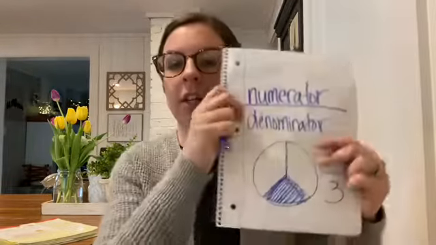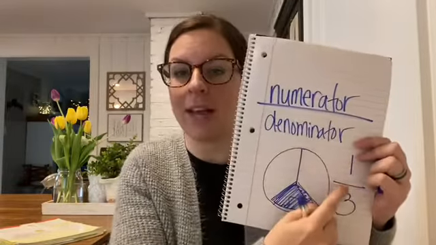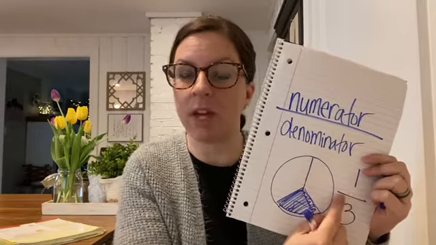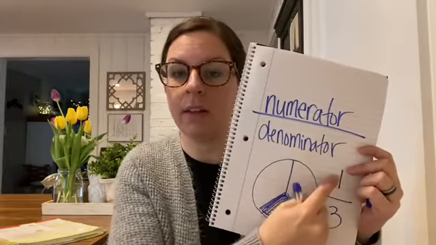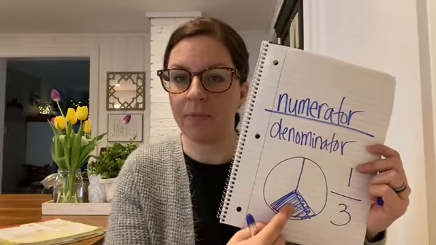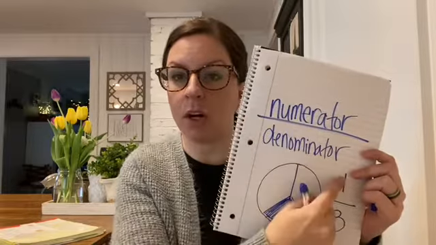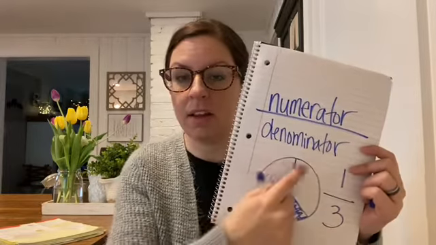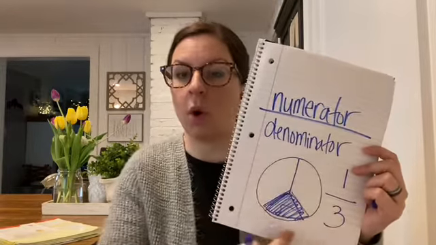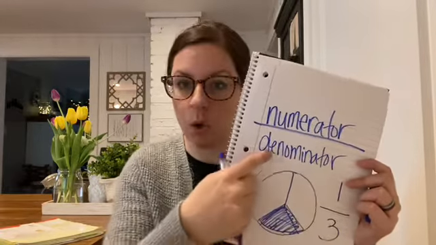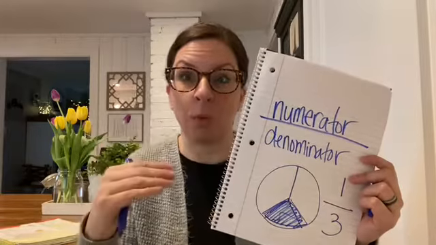So the way I would write that fraction is 1/3, 1 out of 3. So every time you see that, you can also say the words out of. Okay, so I have 1 out of 3 total eaten. The numerator is 1, that's the part, and the denominator is 3, that's the whole. That's how many pieces there are of the whole. So this is 1 whole pie, and a fraction is part of 1 whole. Okay, it's less than 1.